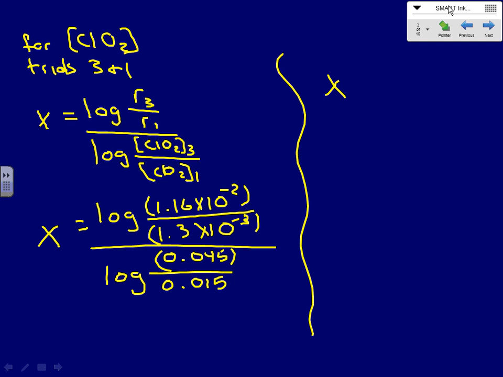Now, some of you might want to pound this through a calculator at first, but let's do the calculation first, and I really encourage you to do this. What is that first division? What's that number get me on the top? Anybody do that yet? 8.923.